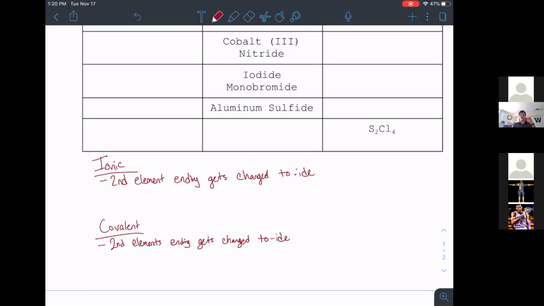So for both our ionic and covalent, our second element's ending has to change to IDE.